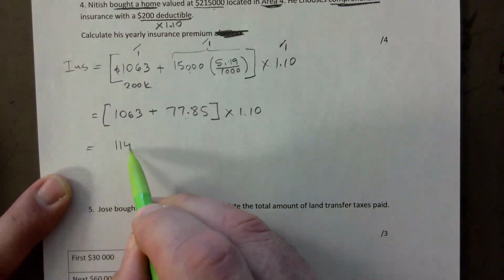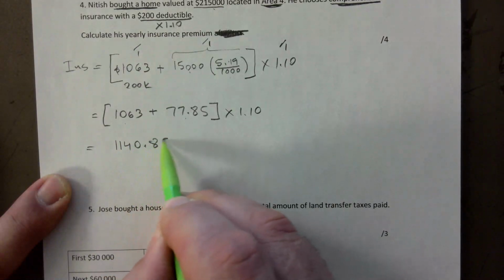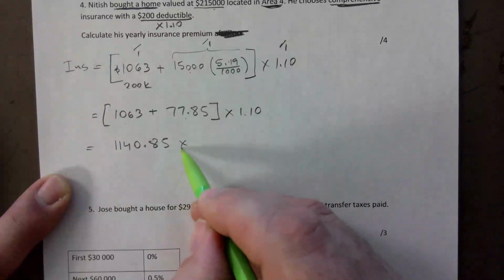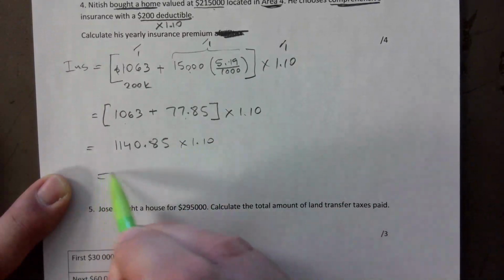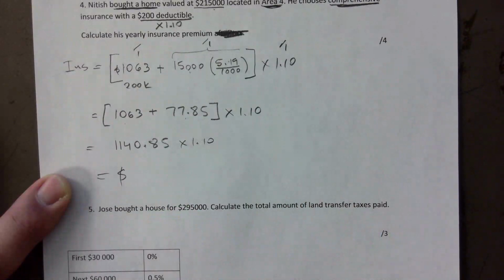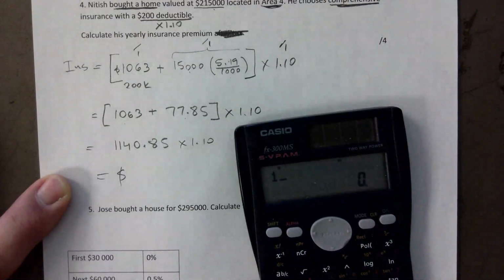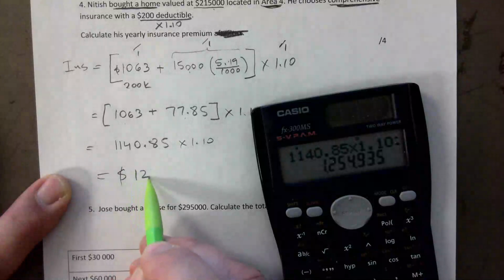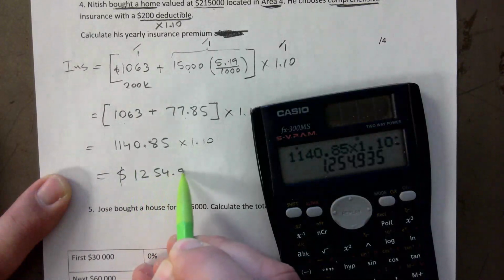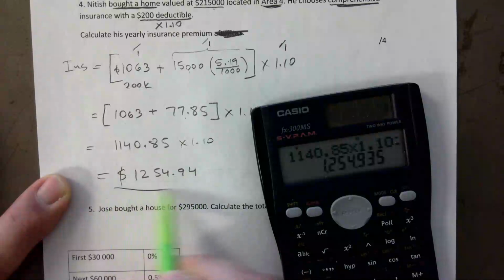That's 1140.85 times 1.10. And here's my final answer. I have to redo it because mine has taxes in it. And there it is, 1254.94.